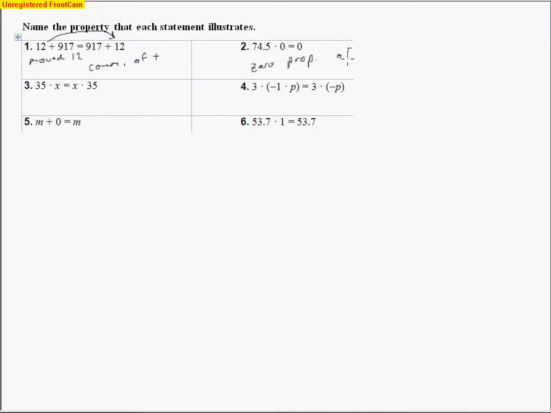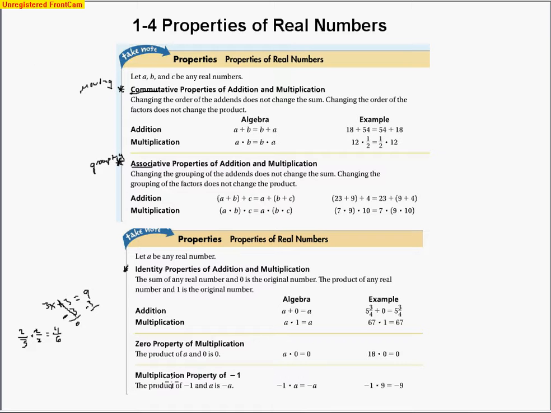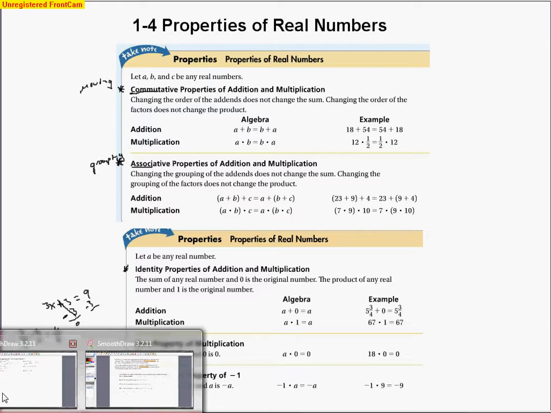of multiplication. Here we have two numbers being multiplied, and then they switched orders. They moved the 35 to the other side of x. So we have the commutative property again, but it's of multiplication. Here we have 3 times -1 times p, and then over here it's just -p. So if you go back and look right here towards the bottom, it said when we multiply a number by -1, it switches signs, and that's what we end up seeing on this problem here.